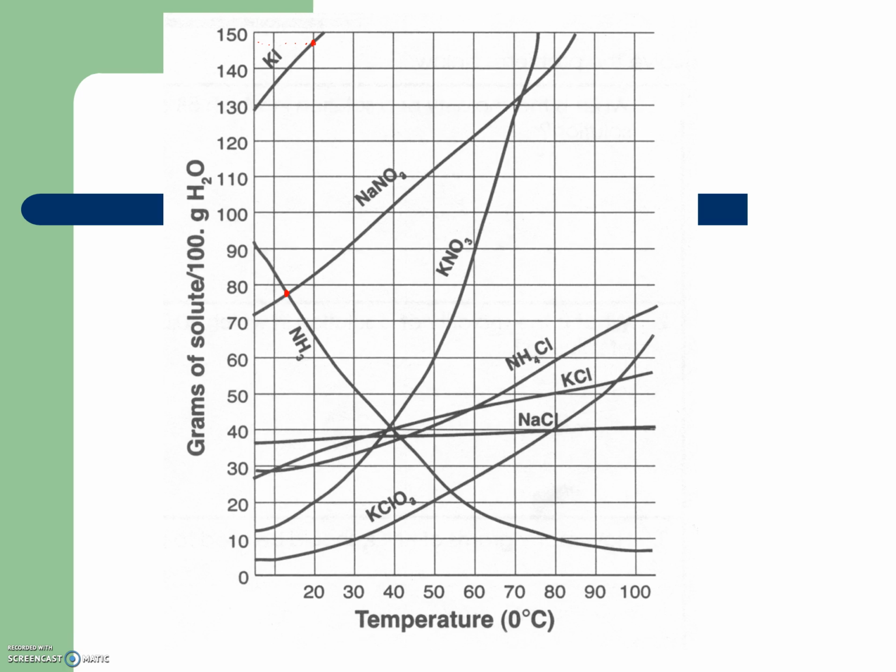We also can look at the examples that we had in lab. So if I move to my highlighter here, if I look at sodium chloride, which we used in lab, and potassium nitrate, which we also used in lab, we started with water temperature in Celsius.